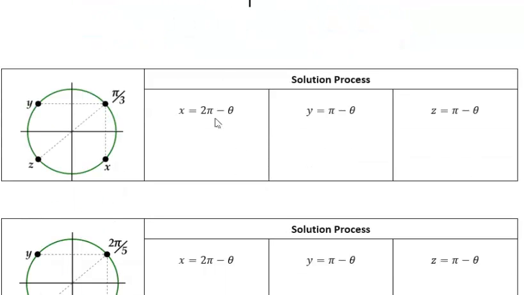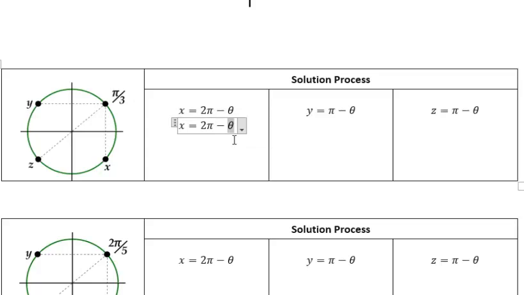Okay? So let's try finding x in here. I have the initial angle, which is theta, will be pi over 3. I'm trying to find x, y, and z. So the x position will be 2 pi minus theta. All I need to subtract in this case will be 2 pi minus pi over 3.